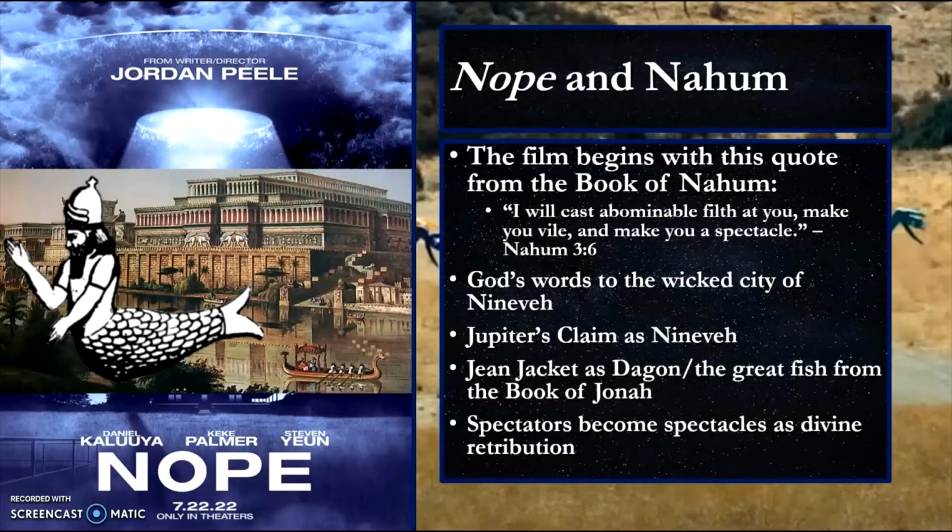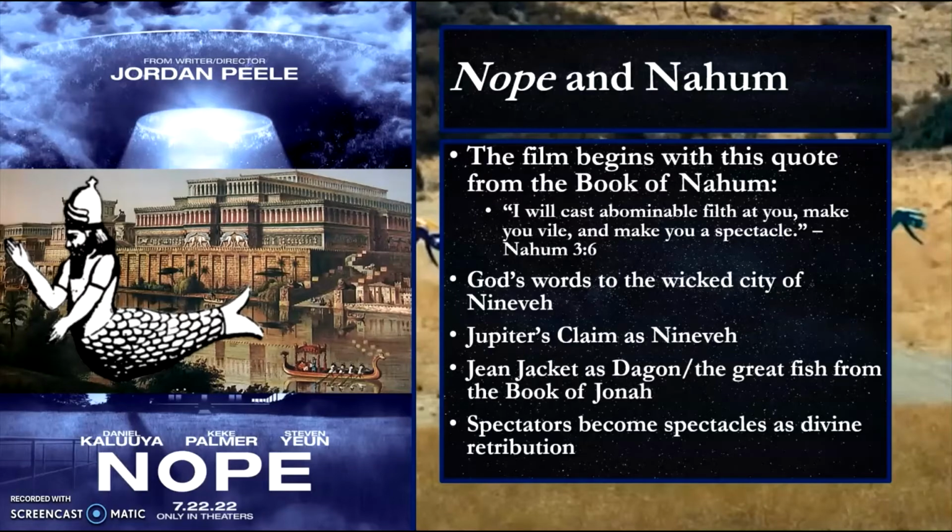Like Jupe's audience, they seem to worship the aliens that Jupe calls the viewers, and they're all in that arena or stadium, amphitheater, sort of doing a kind of worship. They instantly take out their cell phones in reverence to whatever they're going to see, and they pay for it. They pay for that idol worship, don't they? Because they get sucked up and eaten by Jean Jacket.